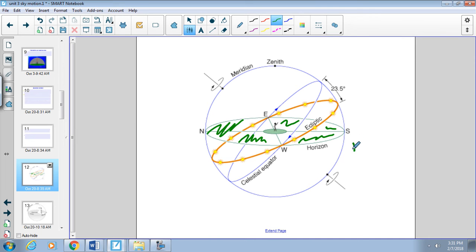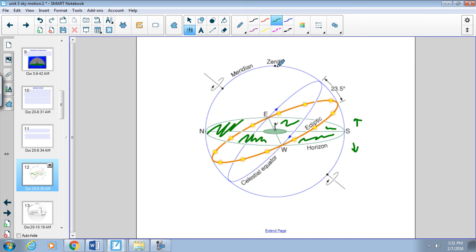Anything below here we can't see, anything above we should be able to see. This is the ecliptic. This is the path the sun seems to travel through the sky at any particular point of the year. So this looks more like a winter solstice situation. This is probably more what we're seeing now if you're turning in on February 7th. If you are in the earlier astronomy classes, then this would be later.